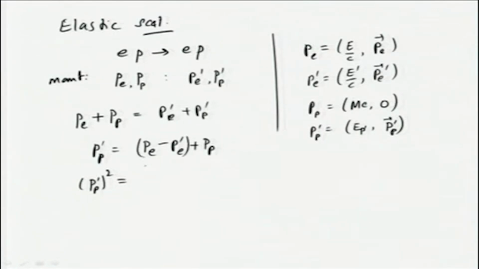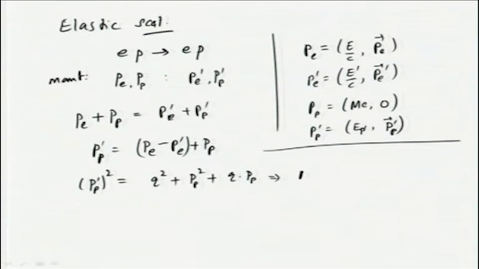what is there in this bracket is basically q. So, it is q² plus P_p² plus 2q times P_p. The left hand side is the mass of the proton squared. The 4-momentum squared is equal to the mass squared, which we saw yesterday.